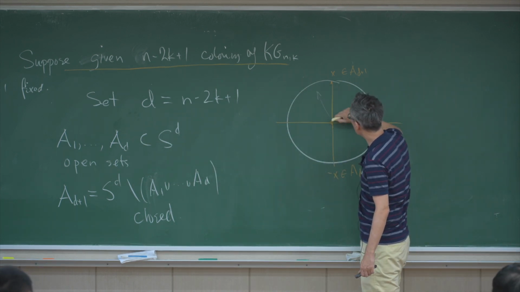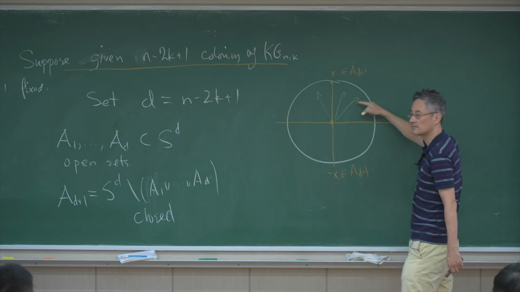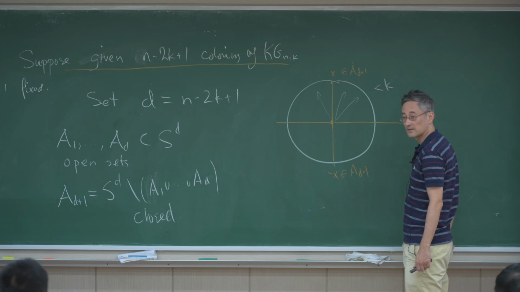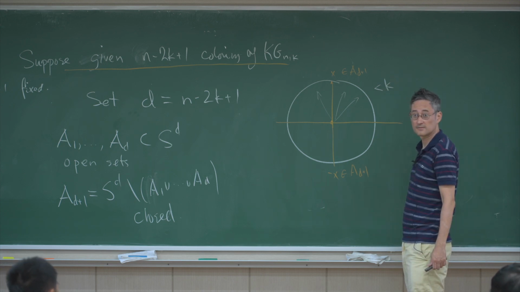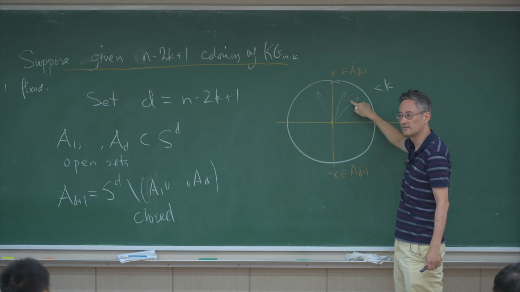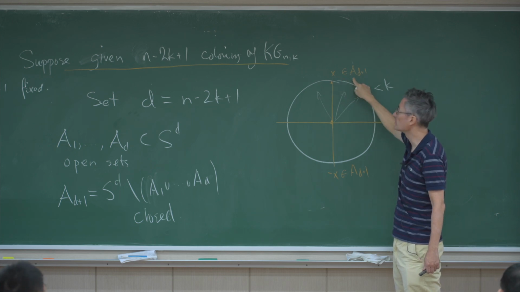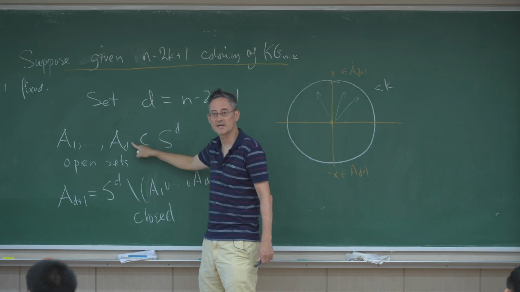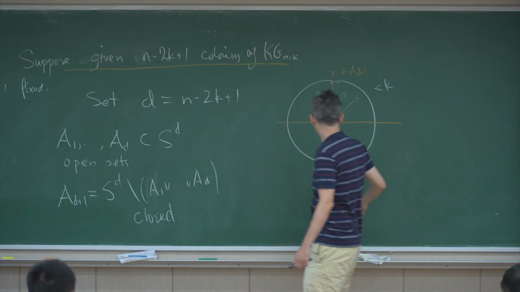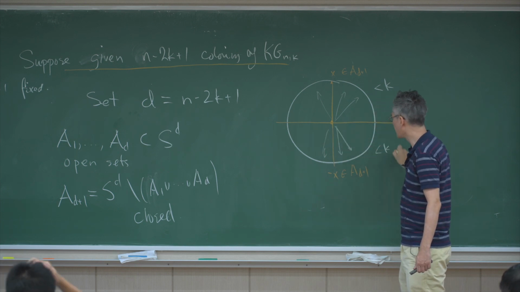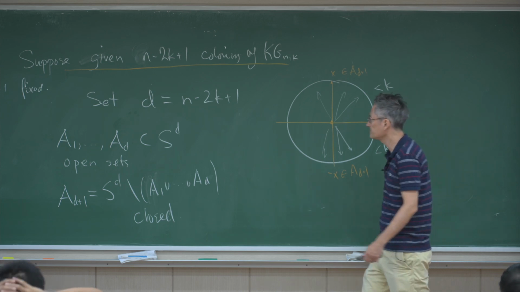Well, it means that the number of vectors in this open half space is at most k minus 1, less than k. Do you agree? If there were k vectors here, then they have some color, so this belongs to some set. But remember, A_{d+1} is the complement of all of these. Similarly, down here, less than k vectors. Okay?